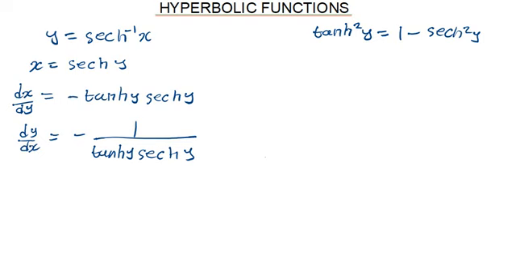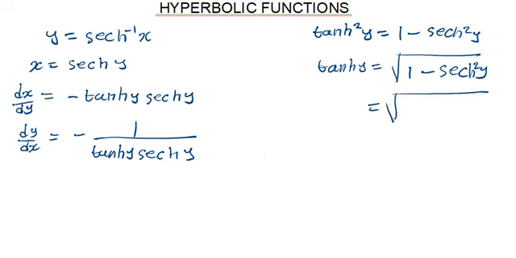So meaning our hyperbolic tan of y will be equal to the square root of 1 minus hyperbolic secant squared of y.